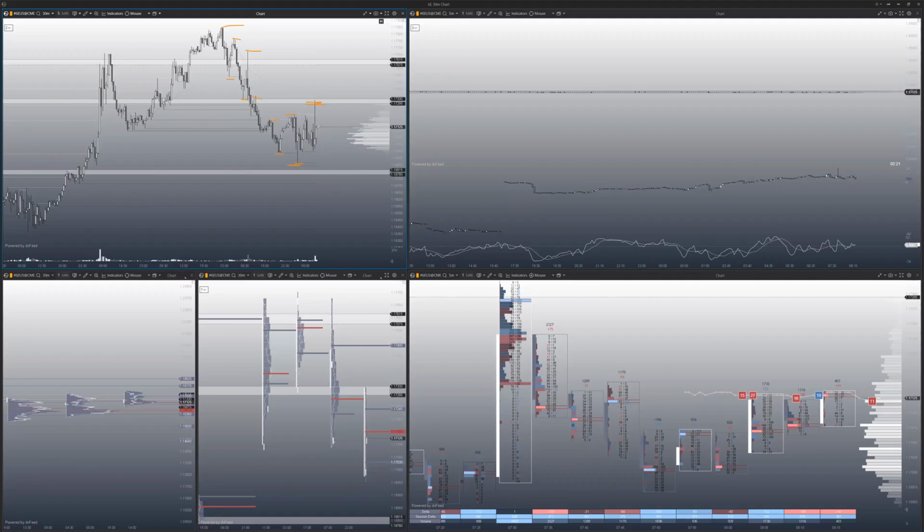And so long as it's still in this range, it's possible we can make a new range, but it's also possible that we go higher, because at the moment, if we draw the lines here, it's still a price action move down.